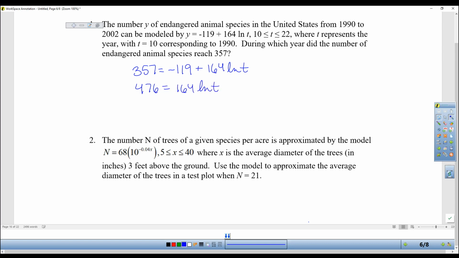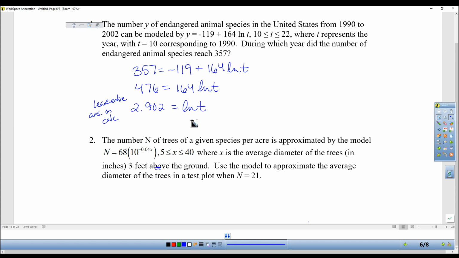My next step is to divide that by 164, which gives me 2.902. Now, I'm only going to write 2.902, but I have left it on my calculator. Leave the entire answer on your calculator. Okay, don't actually round that.